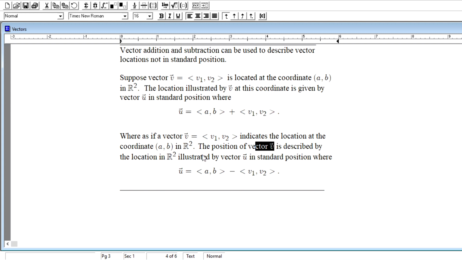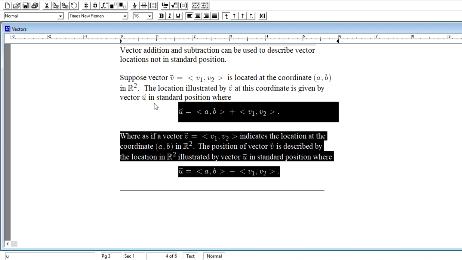We can find that location using v's description and the location it points at, a comma b, by forming this difference. It is the vector formed with that location a comma b minus vector v. That will tell us u, where u is describing the tail's location of vector v in this calculation.